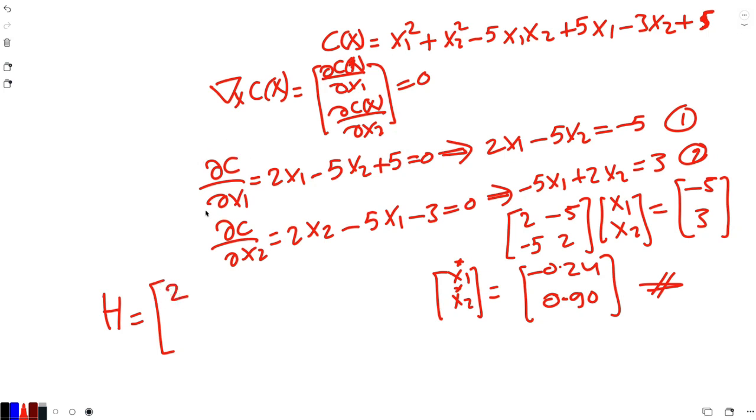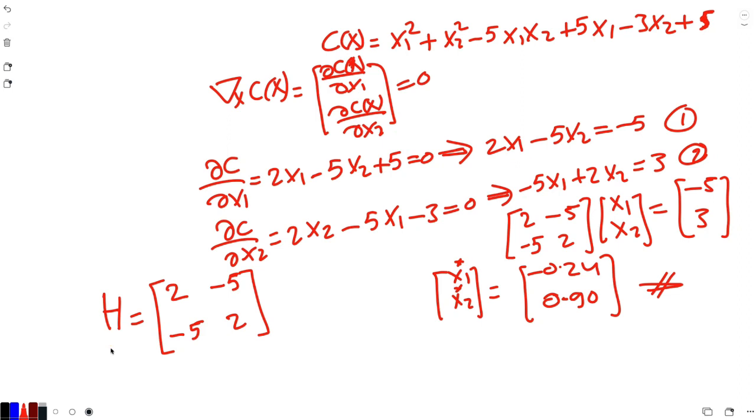Differentiating the same equation with respect to x2 gives -5. In the second row, we take the differentiation of c with respect to x2 and differentiate it once more with x1, which also gives -5, and with respect to x2, it gives us 2. So this is the Hessian matrix.